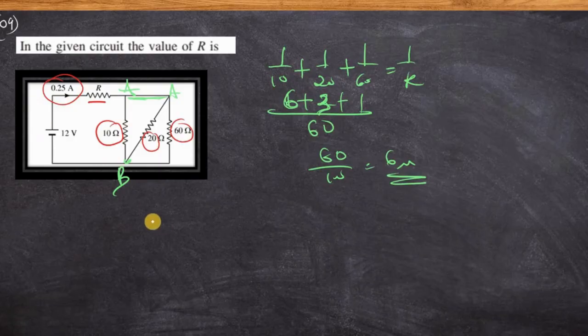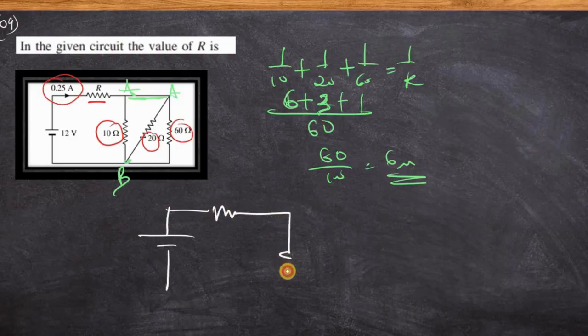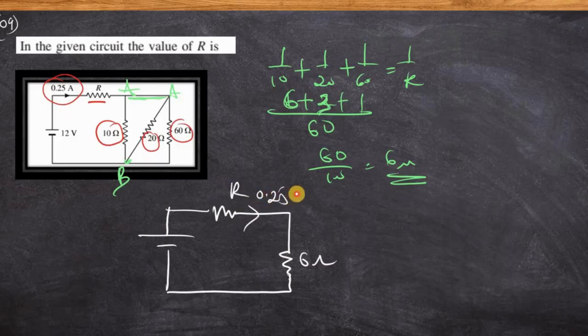Now let's simplify the diagram a little bit. So here we have resistor R unknown. Once we add all these 3 together, we got 6 ohms. R unknown, and the current is 0.25 ampere. Remember that this current goes through R and the 6 ohms as well.